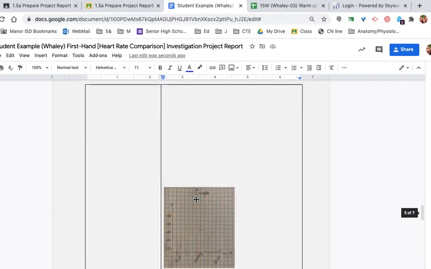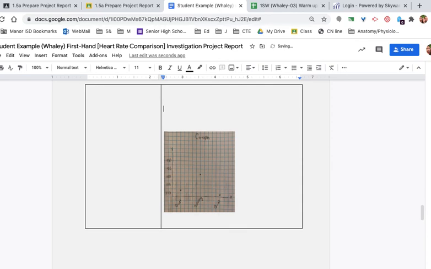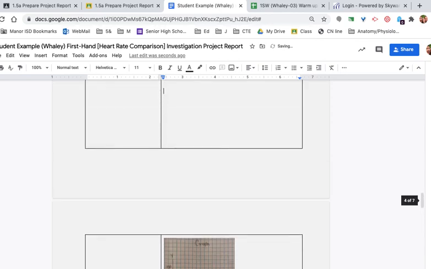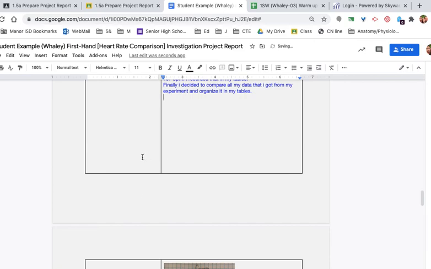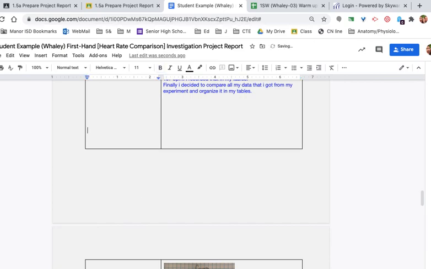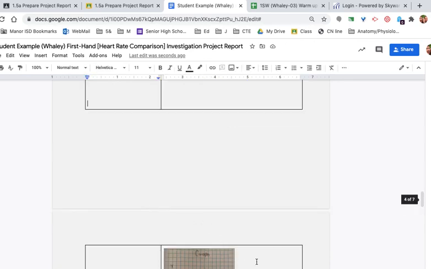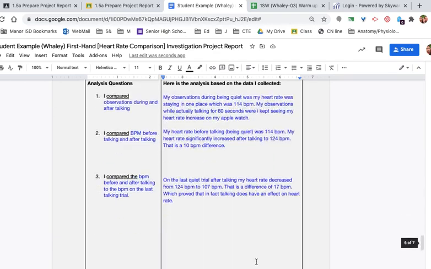And then my graph. I'm going to tighten that up a little bit. And well, I'm going to come back to that.